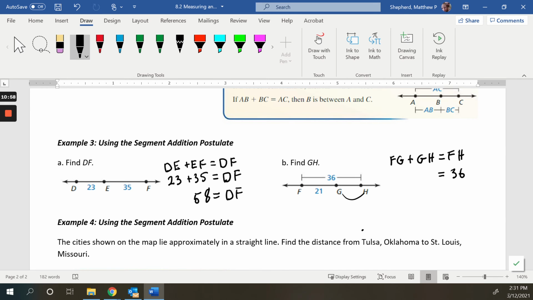We know F to G was 21. So if we subtract the 21, if we take out that entire length, all we're left with is G to H. And so G to H should be equal to 24.